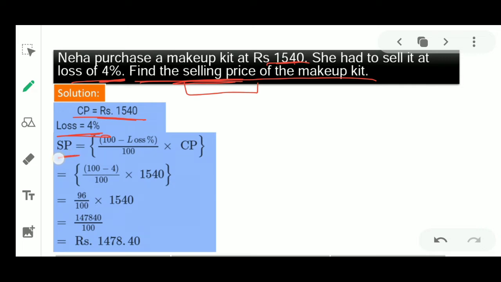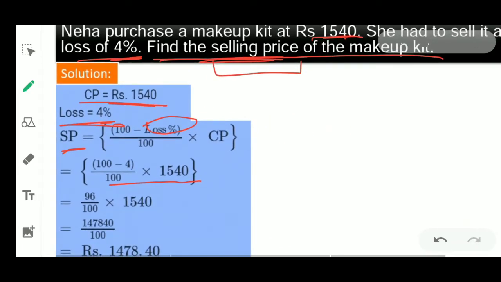So the selling price equals, write the formula, that is (100 minus loss percent) by 100 multiplied by CP. Now put the value of loss percent and CP. So this is (100 minus 4) by 100 multiplied by 1540. Now 100 minus 4 equals 96, so 96 by 100 multiplied by 1540.